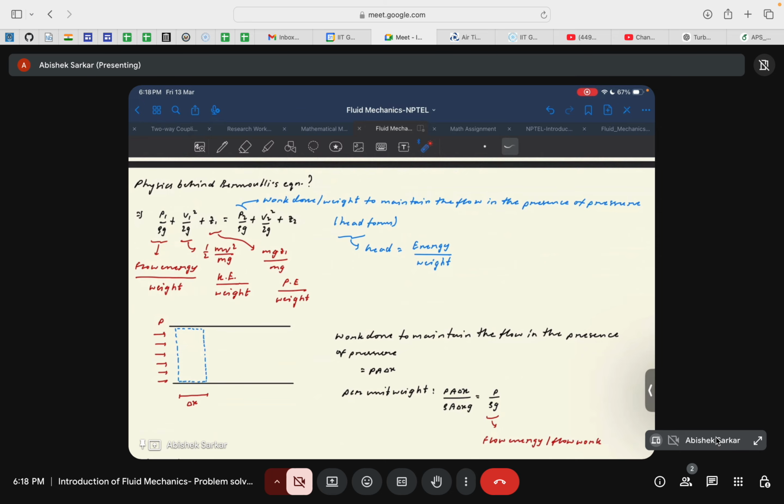Half mv square divided by mg gives you the same term, v square by 2g. And the third is flow energy per unit weight. That is the work done per unit weight to maintain the flow in the presence of pressure, okay. A certain amount of work has to be done to maintain the flow against the pressure that exists. So that's why it is known as the flow energy, okay.